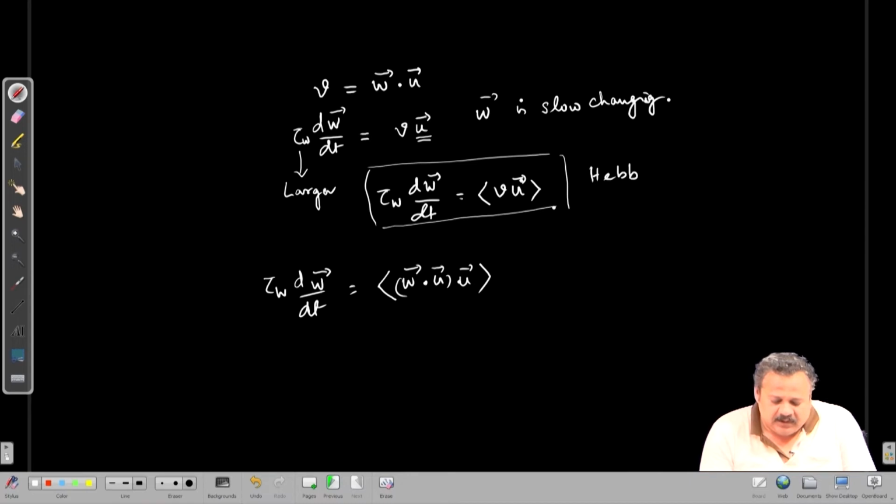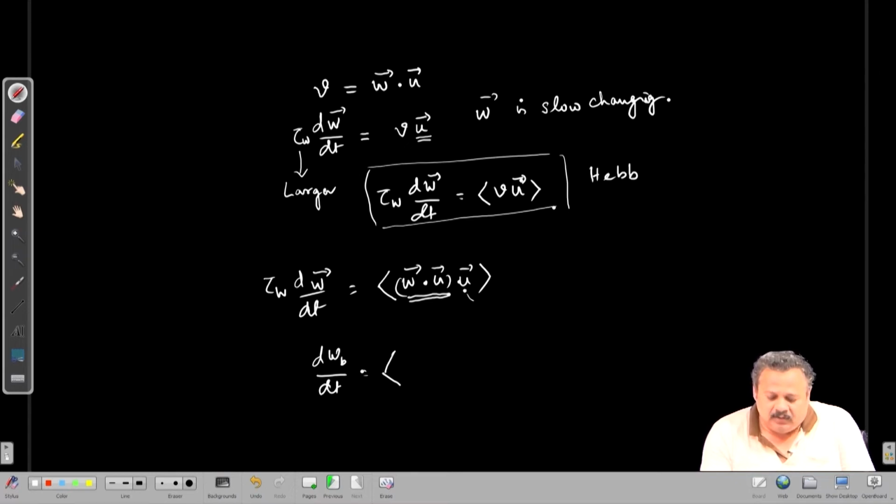Here we have a vector W, so let us consider just one element of W, that is dW_b/dt, and that will be the average of this. When we are talking of this, it is a dot product, so it is a scalar.